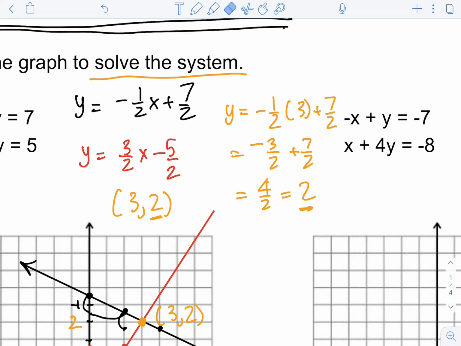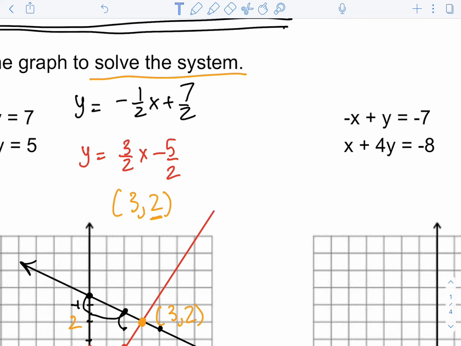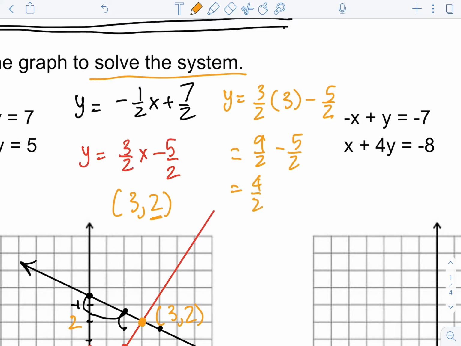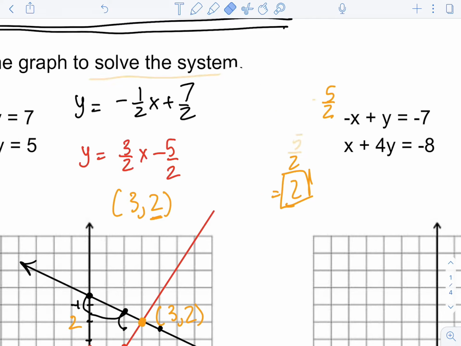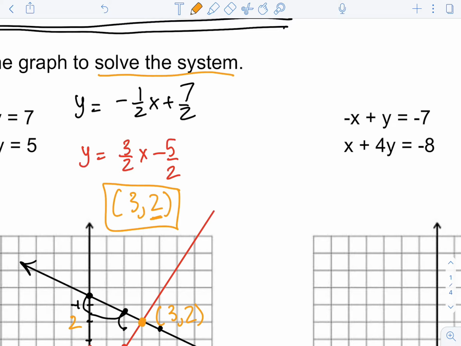So that's true. Now let's try the other one. y equals 3 halves times 3 minus 5 halves. 9 halves minus 5 halves is 4 halves, which is also 2. So we know that 3, 2 solves the system.